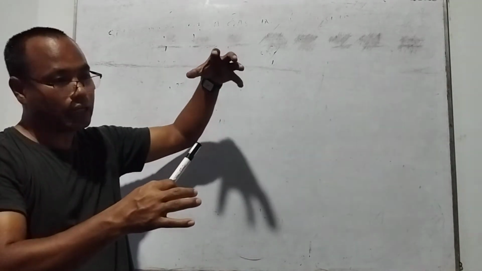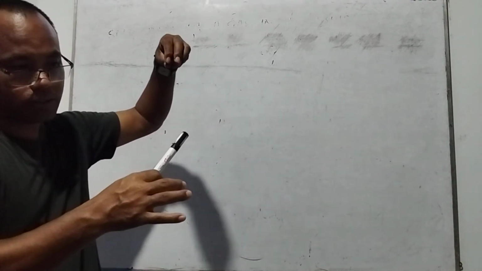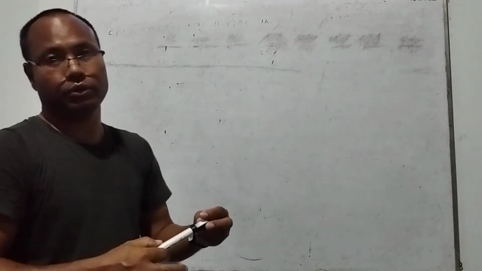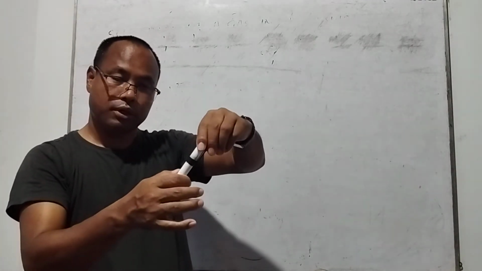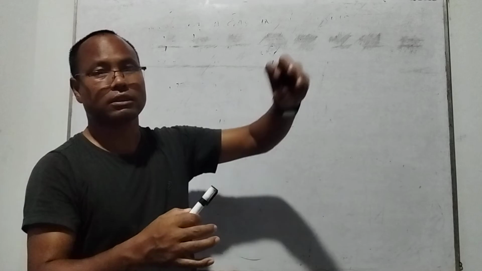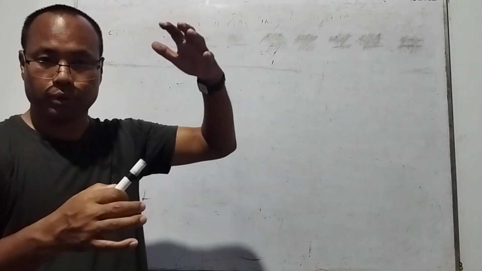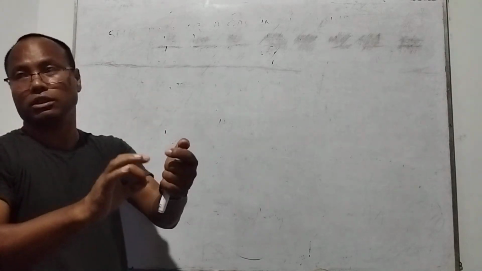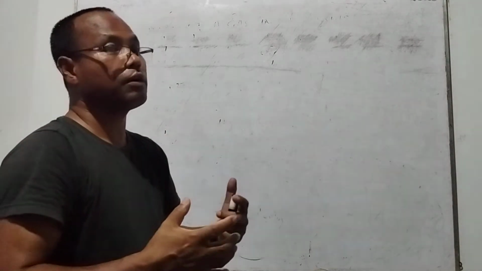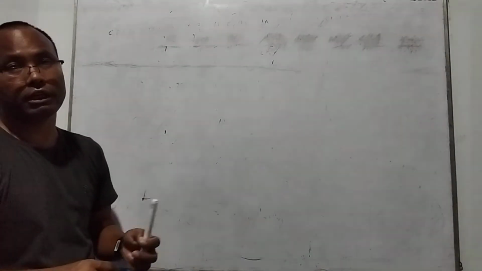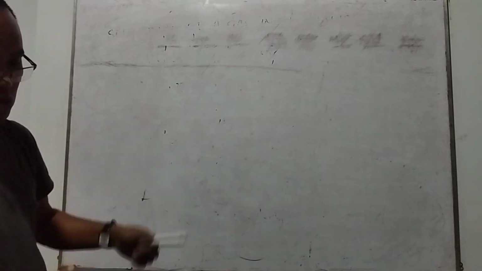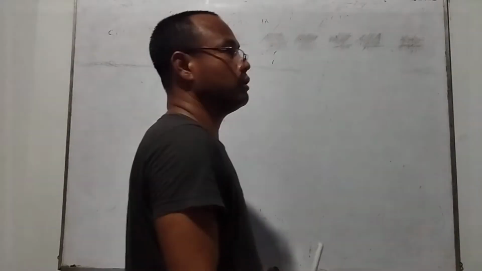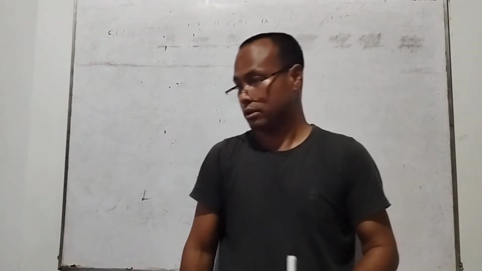Due to the very high pressure, the gas passes into the liquid. When we release the pressure, the gas comes out. When we apply the pressure, gas enters the liquid. This is one application of Henry's law, right? So this is the very important idea about the solubility of a gas in a liquid, right?